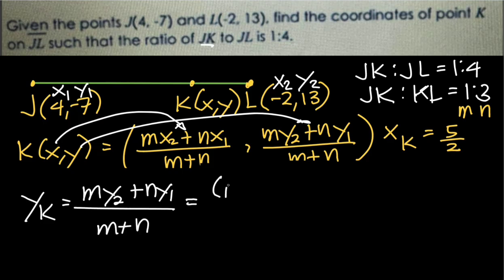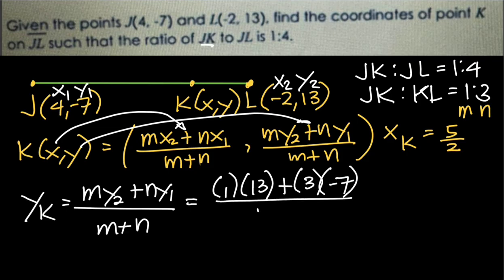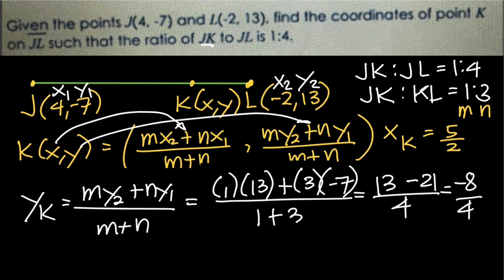So m is 1 times y sub 2, which is 13, plus n, which is 3, times y sub 1, which is negative 7, over 1 plus 3. So this is 13 minus 21 over 4, which is negative 8 over 4, and this is equal to negative 2.